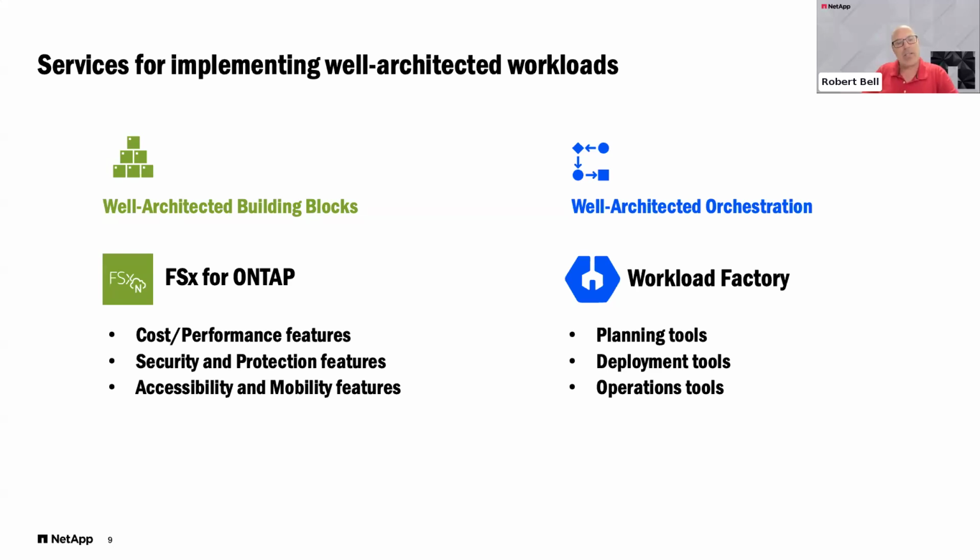And I just need to mention here that Workload Factory is a free orchestration tool. So it has the best practices inside it for planning, deploying, and operating, but it's not something additional that you need to purchase.